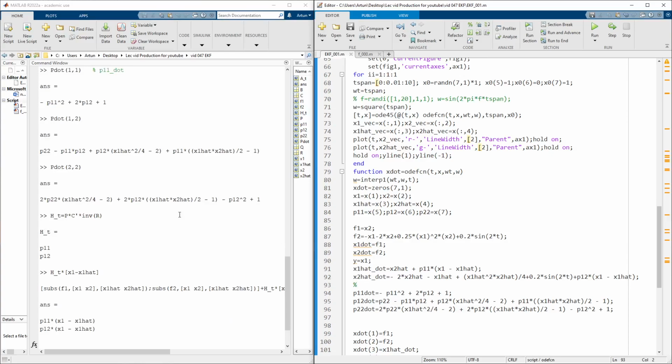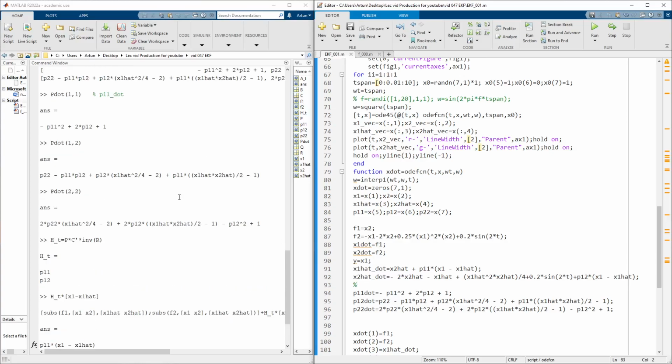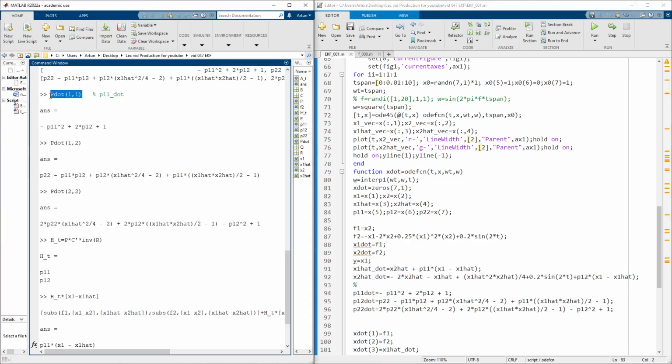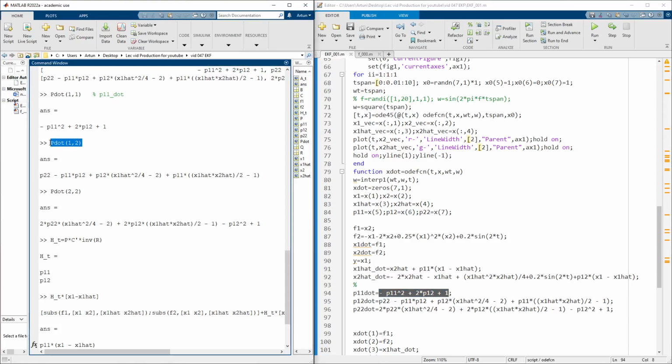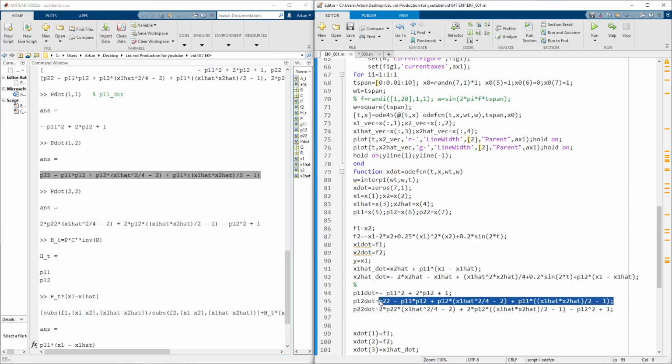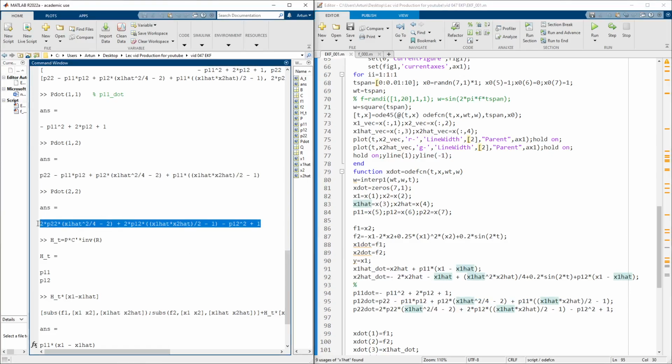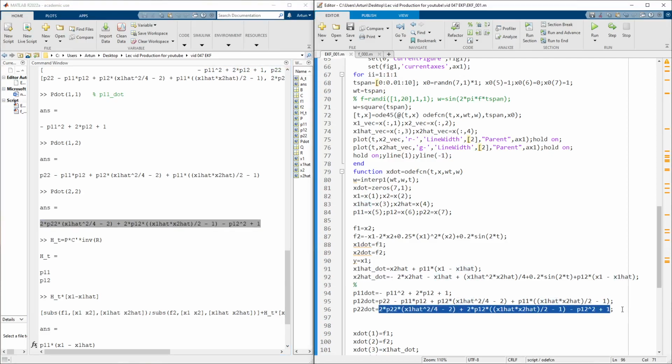Here, let's look at the left side of the screen. For example, this is P11. I literally copied and pasted down here, right? Again, this is P12 dot here. Look at this term and look at this term. I mean, this is what I did, right? I literally copied it and pasted right here, right? And same for P22 dot term, right? Okay, and they're same, right?